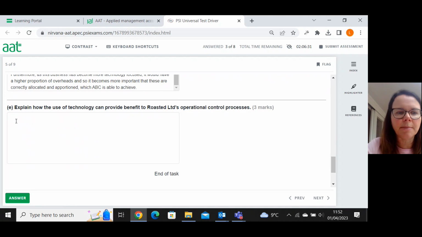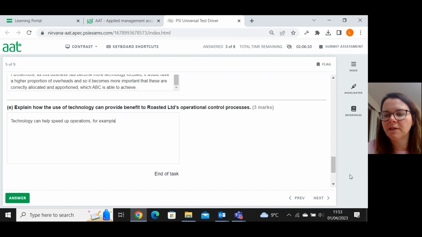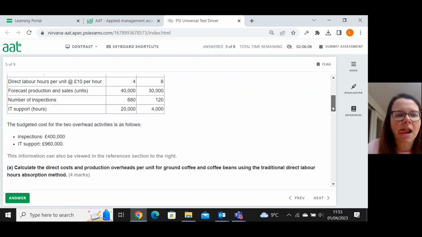So technology can help speed up operations. For example, does it give us any clues in the question?